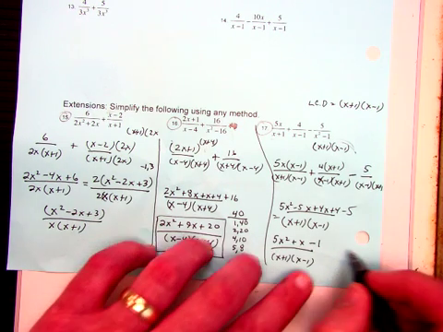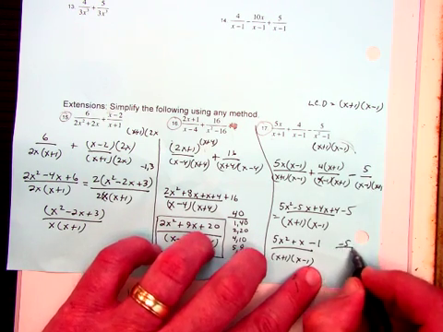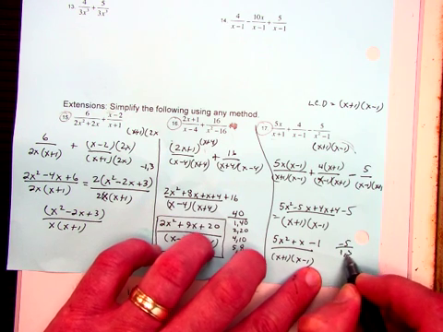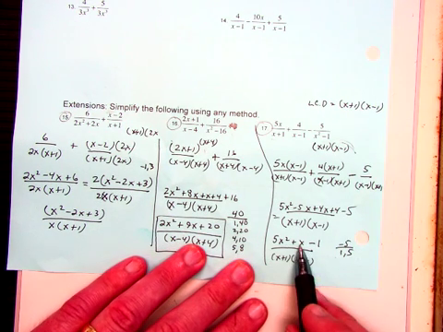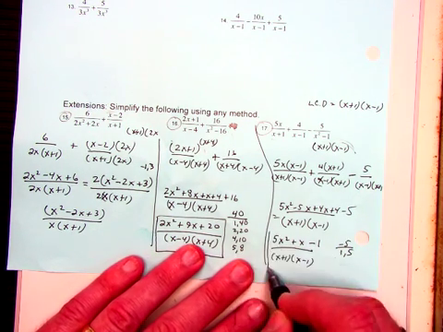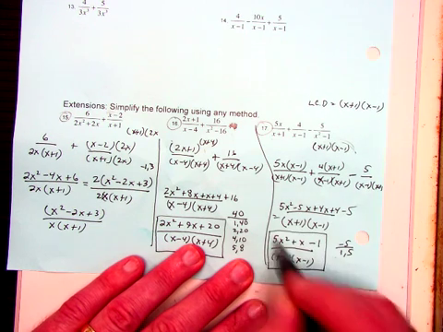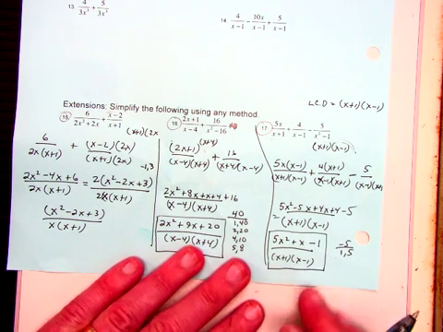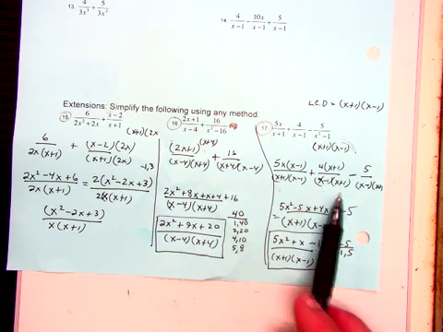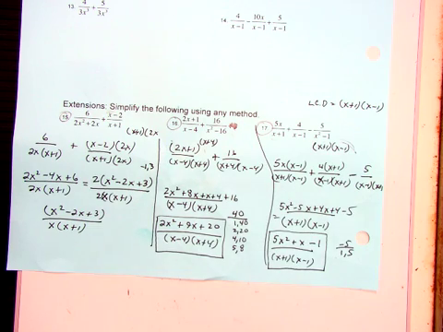So I need to look at the factors of negative 5 that get me to 1. Well, my only factors of 5 are 1 and 5, so I never get to 1. So that's as simplified as it gets. Okay? All right, so that ends it. Hope this helps. It's all about getting common denominators before you can add.